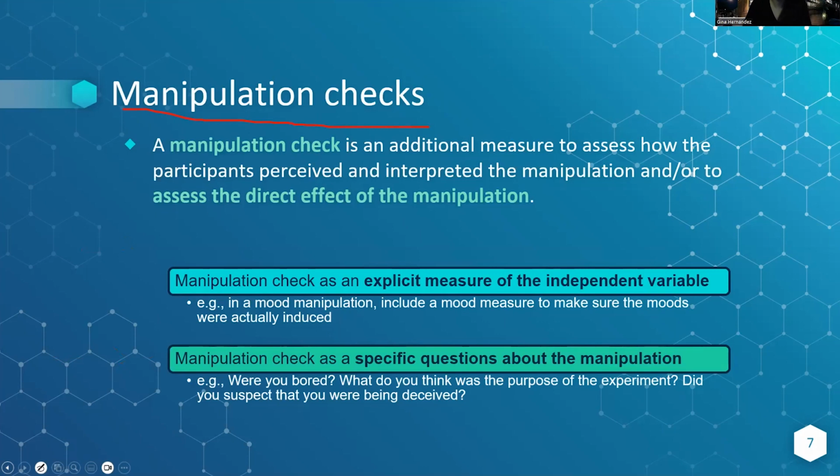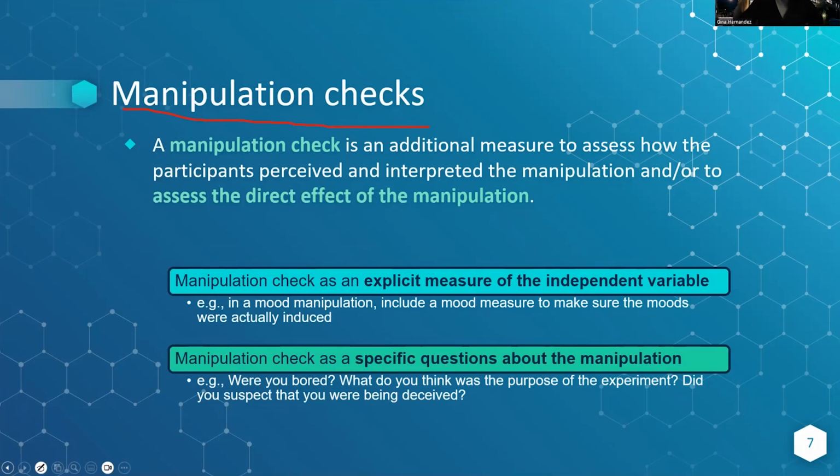So you are manipulating the variable, right? Let's say one experiment is looking into anger, and they want to see how someone that is angry will behave in a specific condition, and then they are inducing anger in the first stage, then testing that participant in the condition where they want to see their behavior.